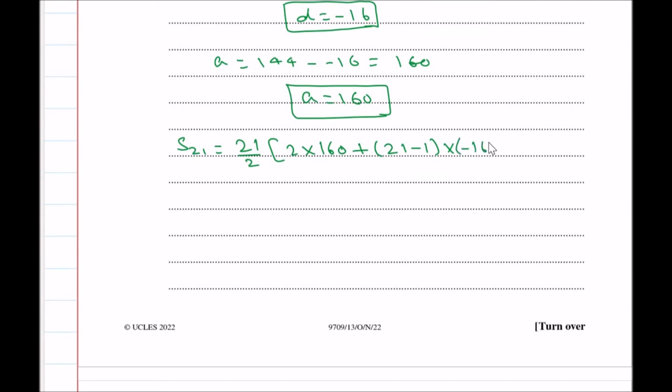If you simplify this, we get 0. So S21 is equal to 0.